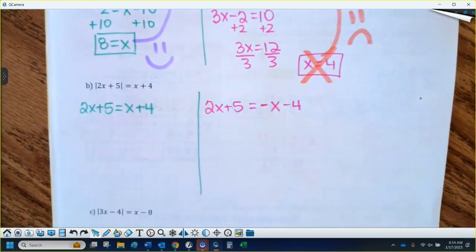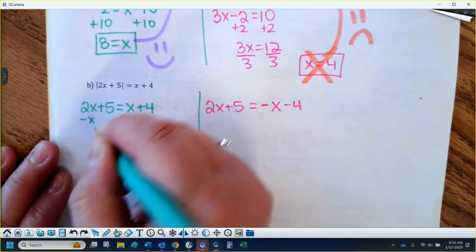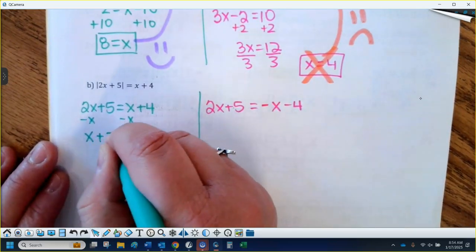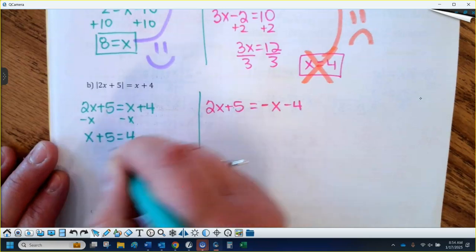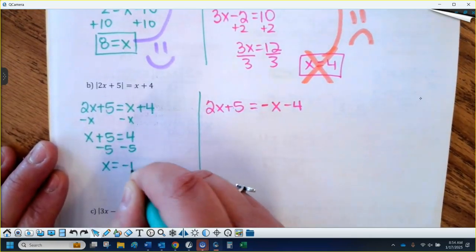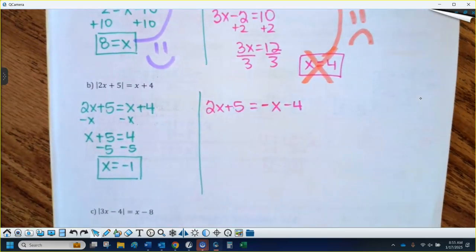So we'd have to solve both of these equations to get our possible answers here. If it was me, on the first one, I'd probably subtract x from both sides to keep my variable positive. So that would just give me 1x plus 5 equals 4. Move your 5 by subtracting it. So potential answer there is negative 1.